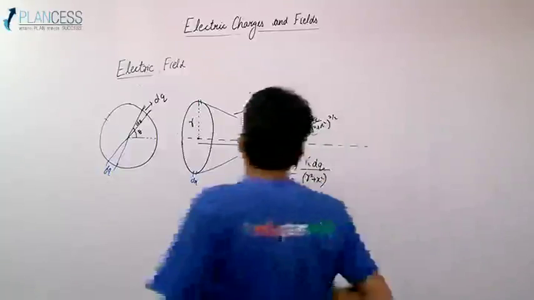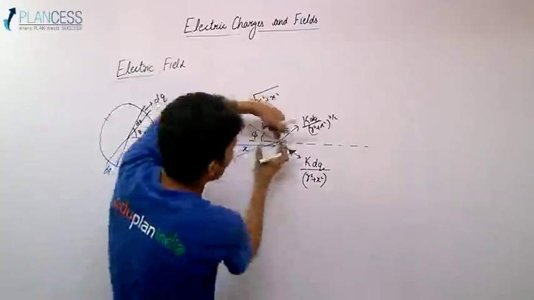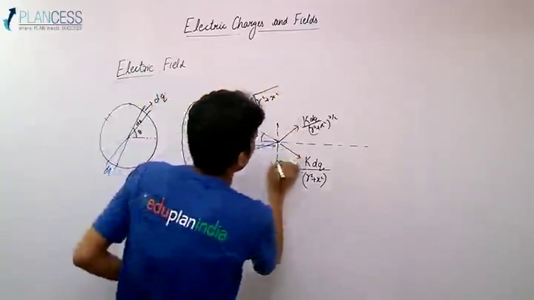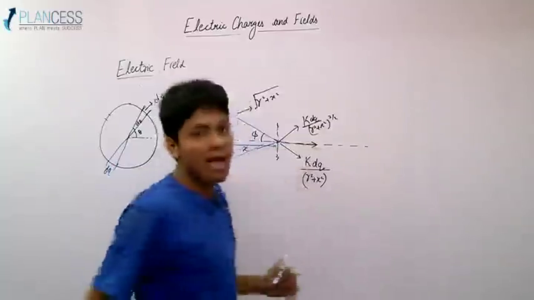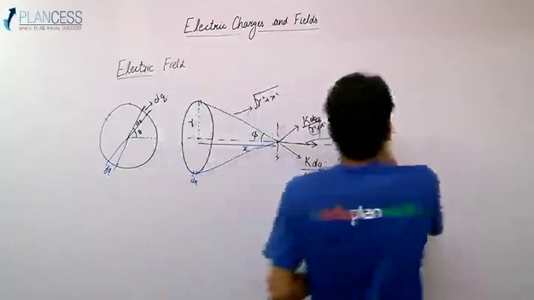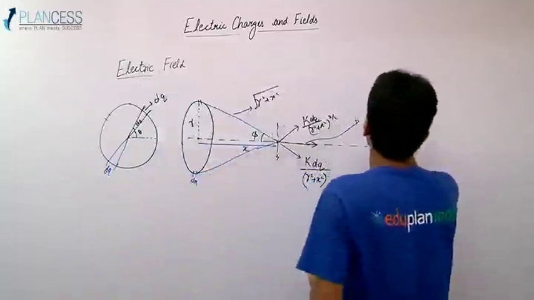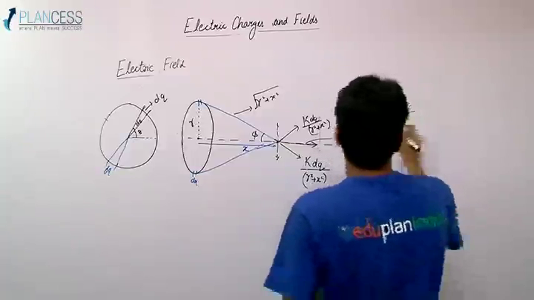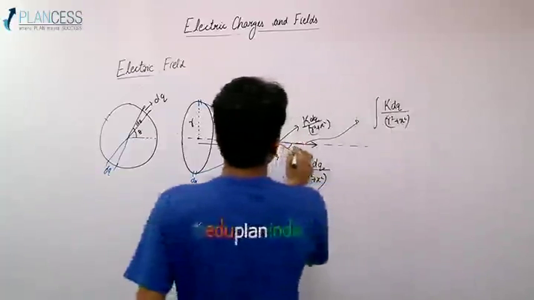By symmetry, I can say that for every such field, the component perpendicular to the axis will get cancelled out, and the component along the axis will add up. This added up field would be the integration of k dq upon r square plus x square times cos phi, since this is angle phi and this is also angle phi.